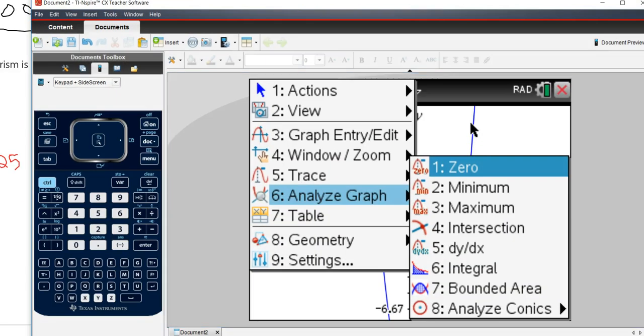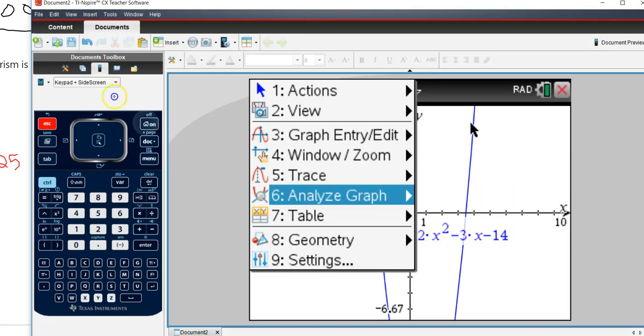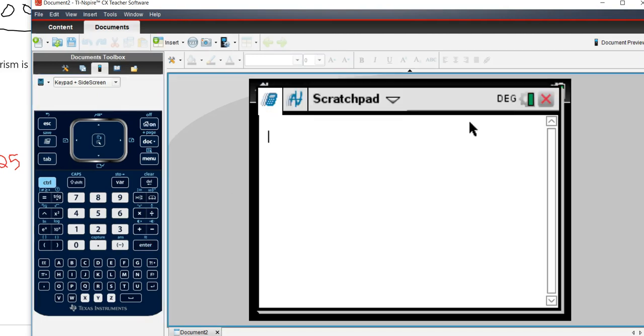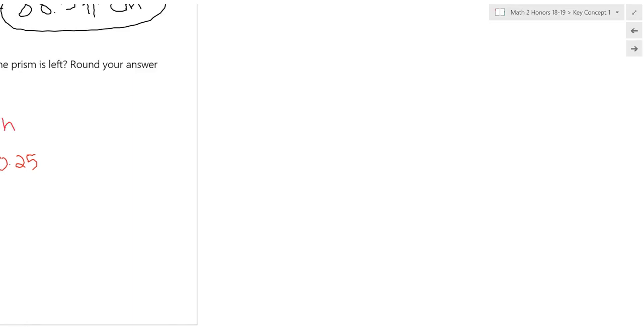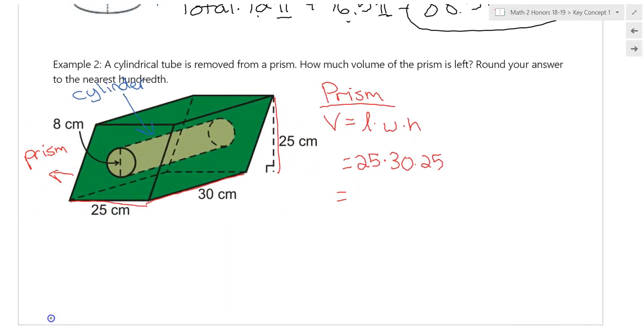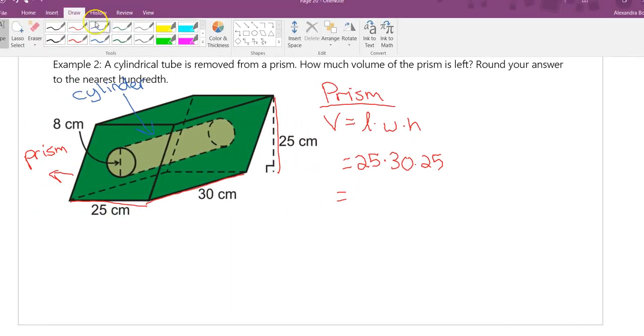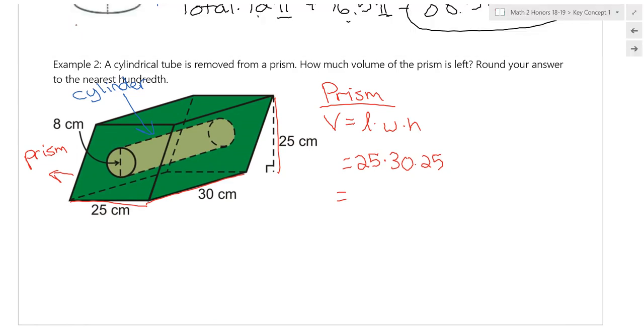That I can't so much do in my head. 25 times 30 times 25 is 18,750 centimeters cubed. Okay.